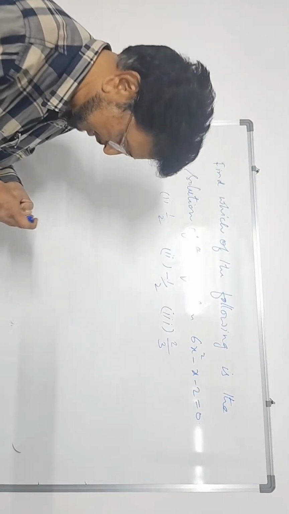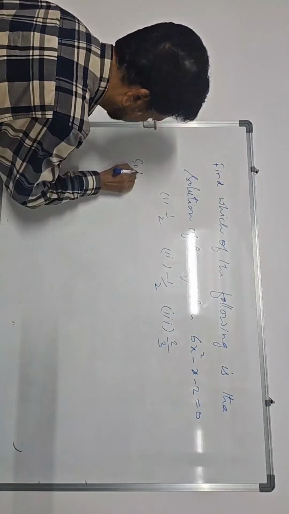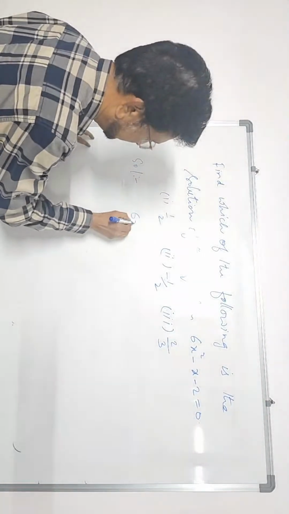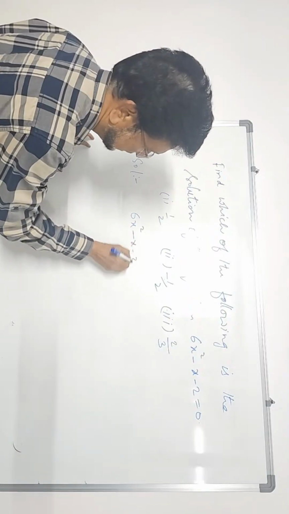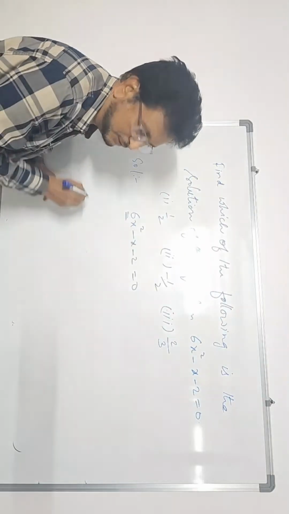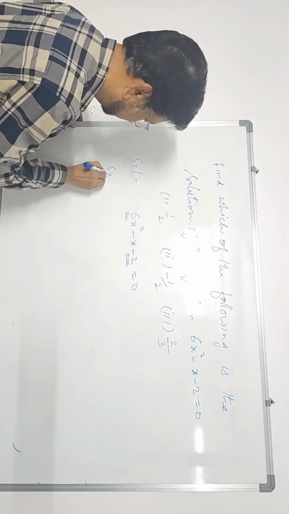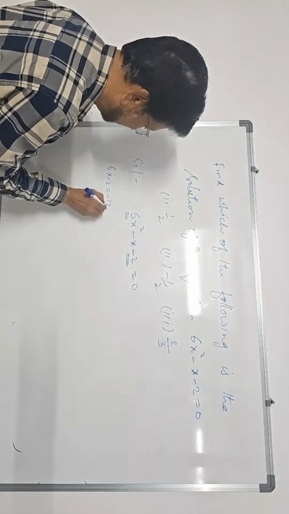You can solve it by the factorization method. Solution I will do. Within seconds we will get the answer. 6x square minus x minus 2 is equal to 0. We have to multiply the coefficient of x square and the constant term. 6 into minus 2 is equal to minus 12.